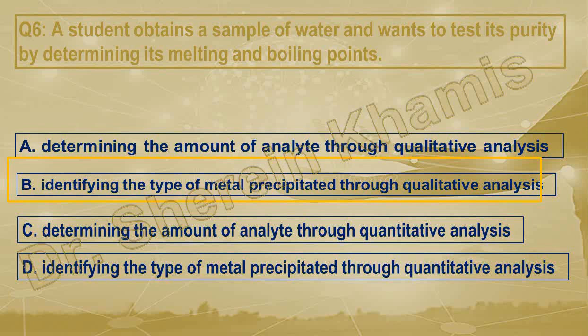If we want to identify the type of metal precipitated through a qualitative analysis, we reach the test for impurity or purity of this substance. It's very important that we take into consideration the type of questions that concentrate on quantitative and the difference between quantitative and qualitative analysis. Okay, we are going to question number 8.